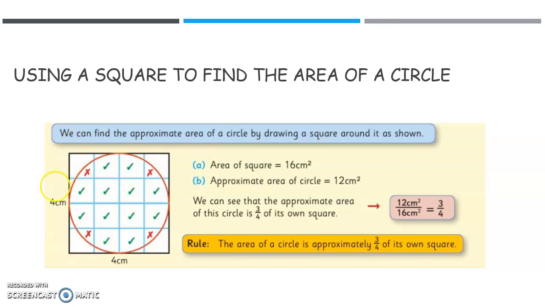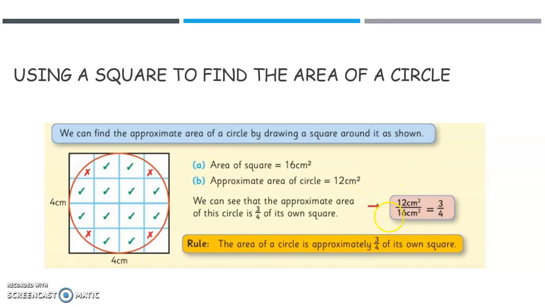If I were to find the area of my square, I know how to do that because if I multiply my length by my width of the shape, I will find the area. So 4 multiplied by 4 will give me 16, so 16 centimetres squared. So the area of the circle is 12 centimetres squared, and the area of the square is 16 centimetres squared.